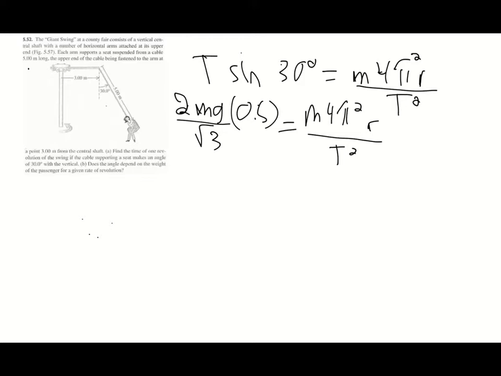R is the distance from there to there, okay? And that's not 3. The distance is actually going to be what? r is going to be 3 plus 5 times the sine of 30 degrees, which is going to be 3 plus 2.5, or 5.5.